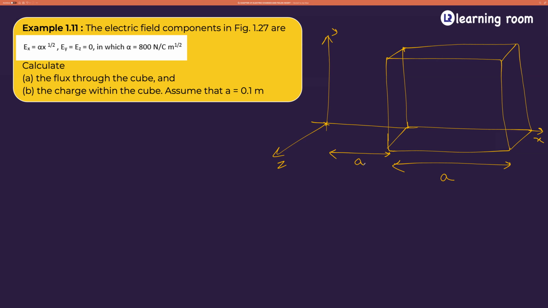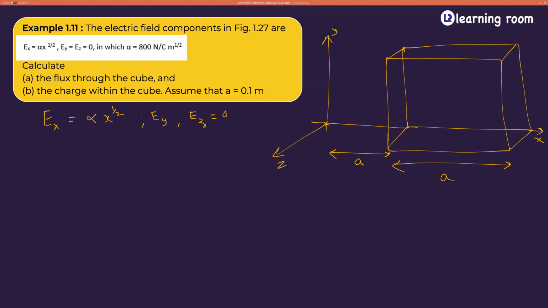Now, this whole cube is placed in the presence of an electric field in such a way that the electric field is behaving according to the function Ex is equal to alpha into x power half, and Ey and Ez are zeros, meaning the electric field is confined only to x direction, right?